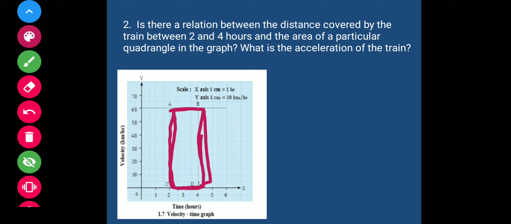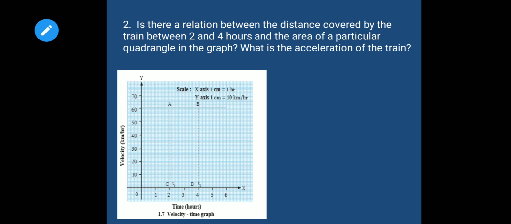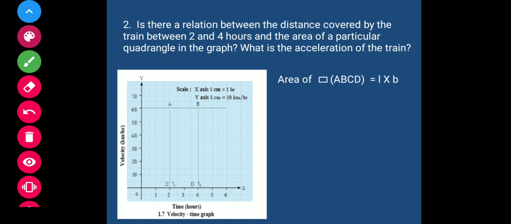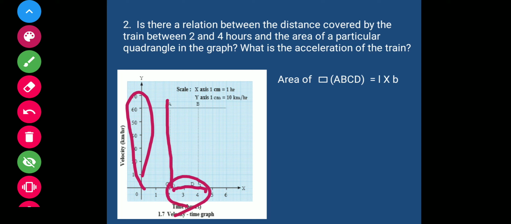So first we'll find out the area. We know that area of a rectangle ABCD is equal to length into breadth. What is the length here? Length is 60 kilometer. And what is the breadth? This is 2. 2 to 4 means 2.